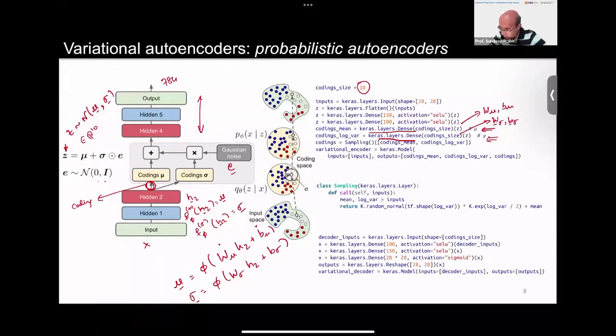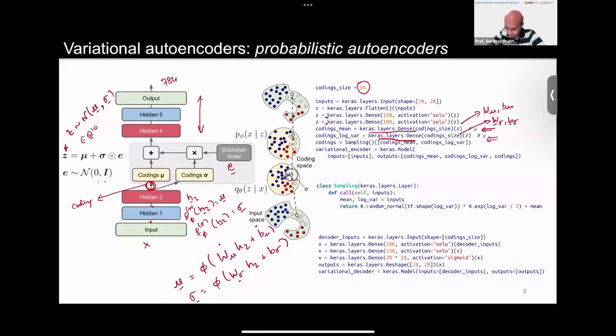So the output at this layer would be different from the output at this layer, right? Every time we call a Keras dense layer, unless we put in an effort to say use the same weights for all the layers, it's going to use different weights and biases.